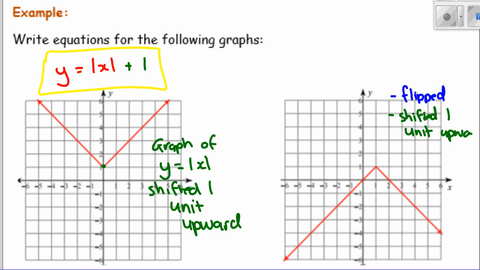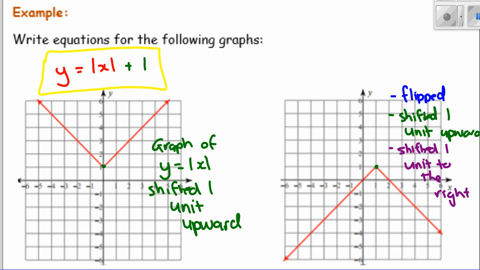It's shifted 1 unit upward and shifted 1 unit to the right. So meaning that we've got a negative in there. So our equation might be something like this.